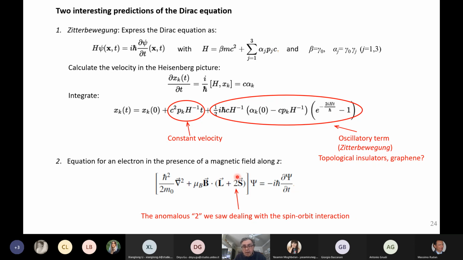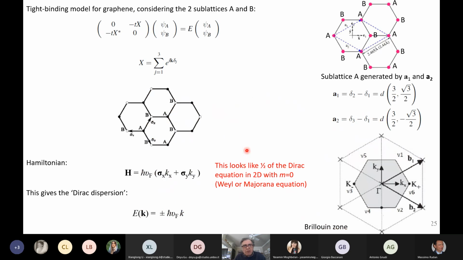Okay, I'll stop here with relativity just to make a connection with graphene. If you want to find a simple tight binding model for graphene, as I'll show in the next slide, you can write the Hamiltonian in a way that is similar to a Dirac equation in 2 dimensions now, because we're dealing with a 2-dimensional situation.